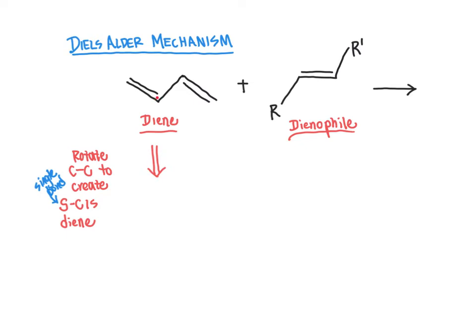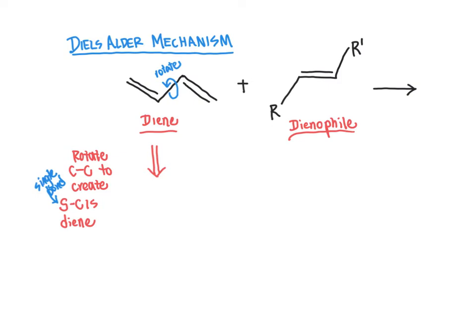Connecting those two alkene groups is this carbon-carbon single bond. And within carbon-carbon single bonds, when they're part of a chain, there can be free rotation around that carbon-carbon bond. And so what we do is rotate around this bond in order to place those two alkene groups cis to one another.